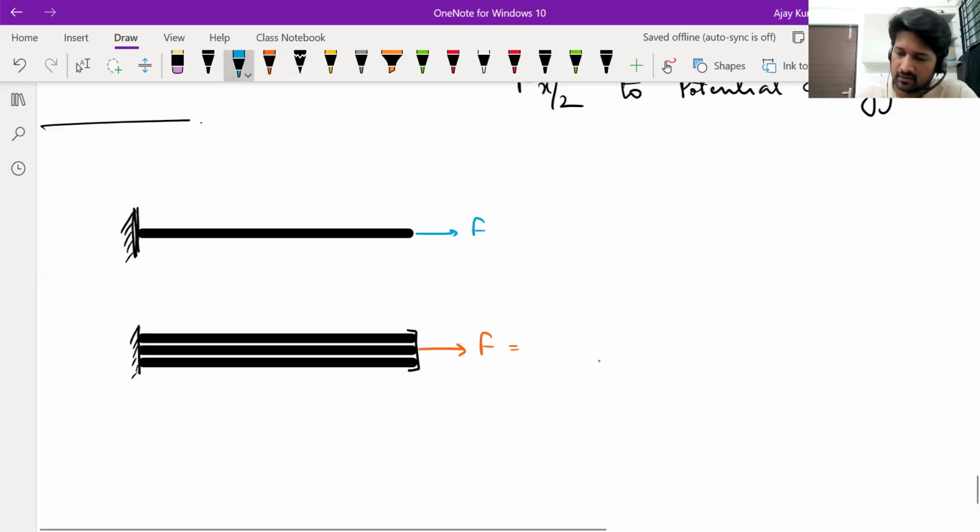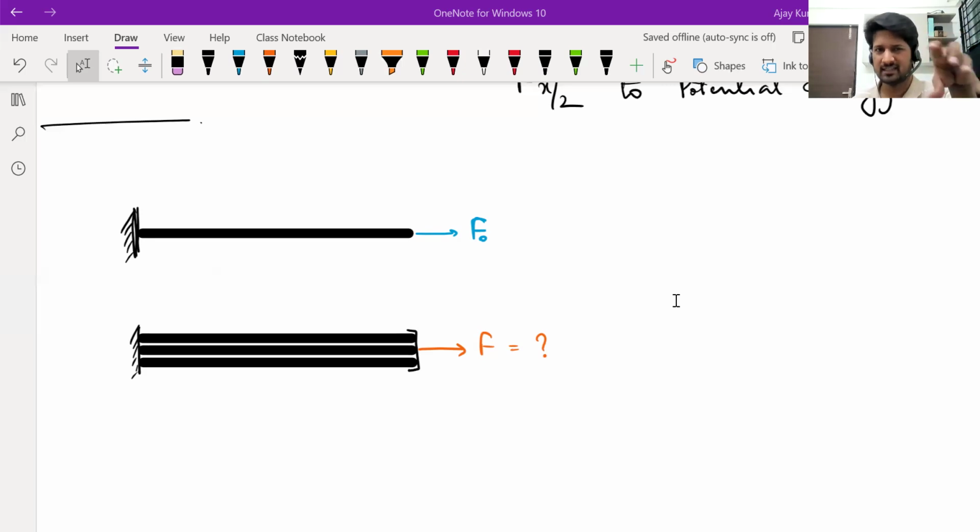Tell me, if the force needed to snap one thread is F naught, how much force will you need to apply to snap a bundle of three threads like this? Is it the same force? Will you need a greater or lesser amount of force? First, tell me that. Sir, slightly greater. You will need a greater amount of force.